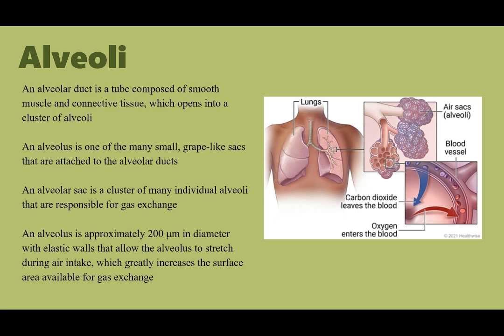And alveolus is one of the many small grape-like sacs that are attached to the alveolar ducts. As the right picture shows, these are the alveoli, which is also known as the alveolus. An alveolar sac is a cluster of many individual alveoli that are responsible for gas exchange.